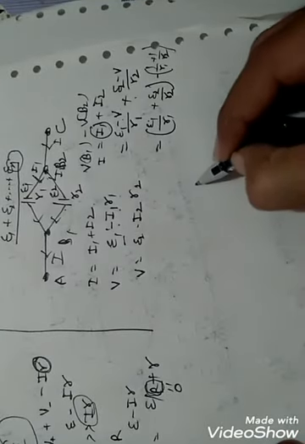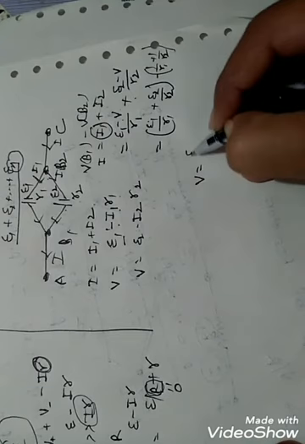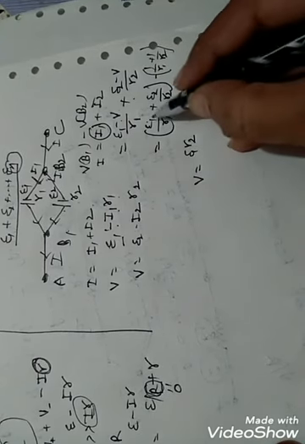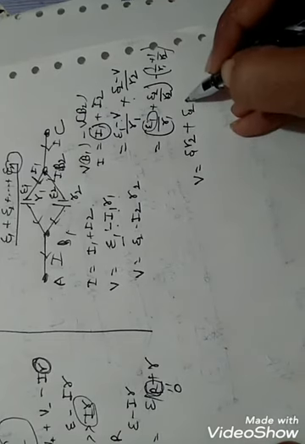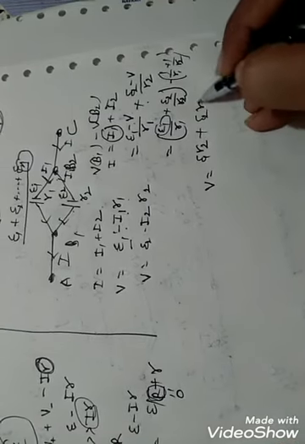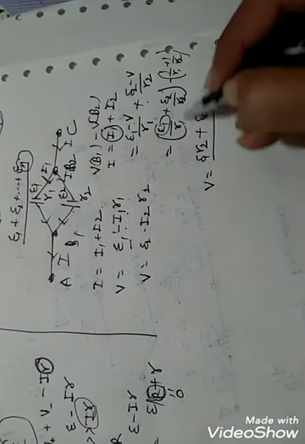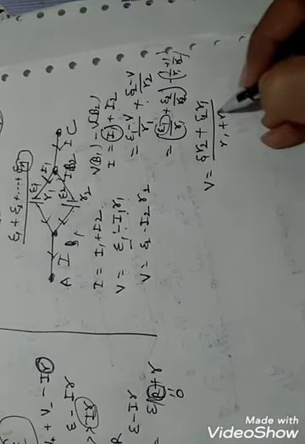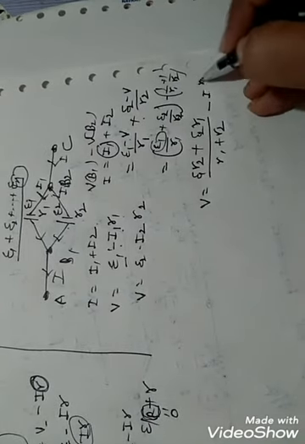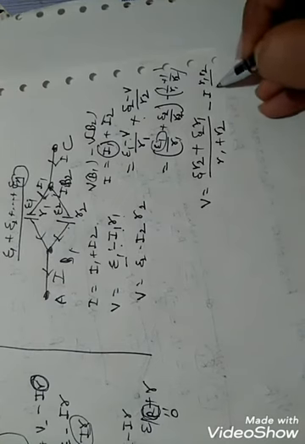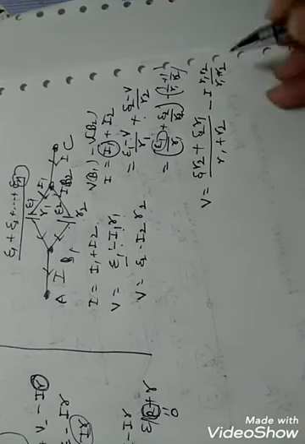So here V is given by E1 R2 plus E2 R1 upon R1 plus R2, minus I R1 R2 upon R1 plus R2.